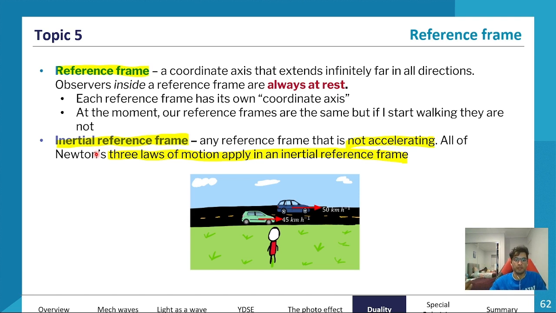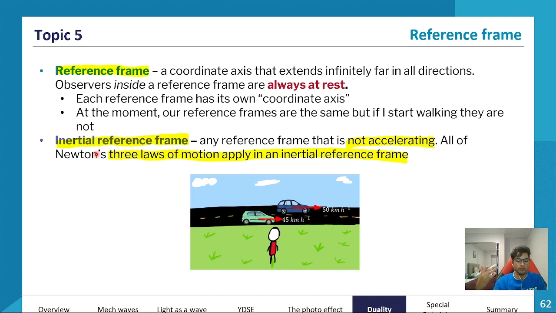There is no experiment that's going to differentiate whether you're at rest or traveling. So when you have an inertial frame of reference, it's not accelerating, and the laws of motion will be the same. It doesn't matter if you're traveling at 0 kilometers an hour or at the speed of light.